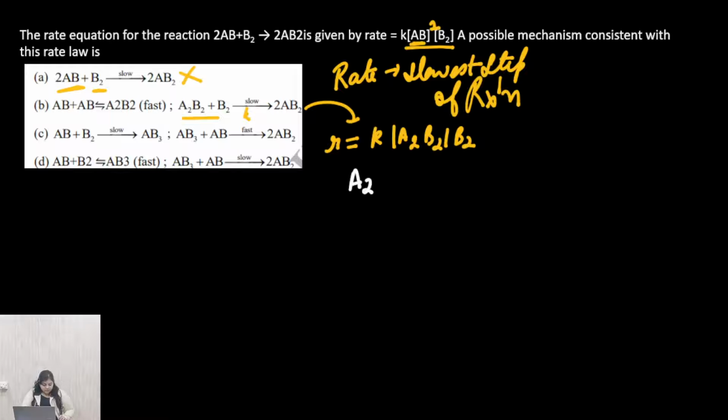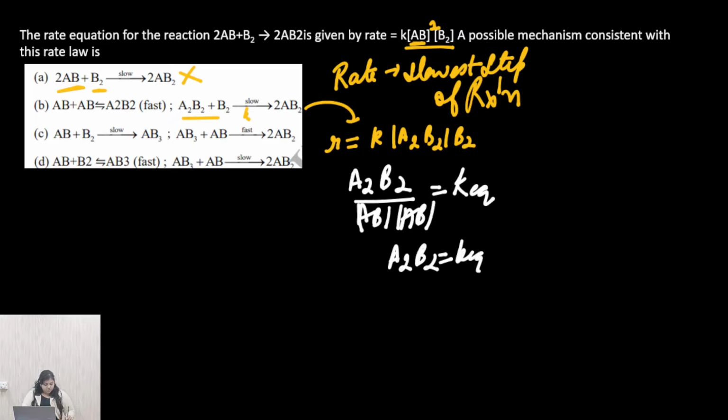That will be A2B2 upon AB into AB. This will be your equilibrium constant. So A2B2 concentration, you are getting it as K equilibrium into AB square.